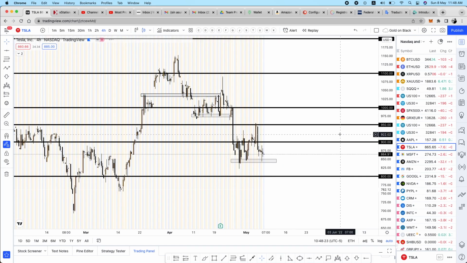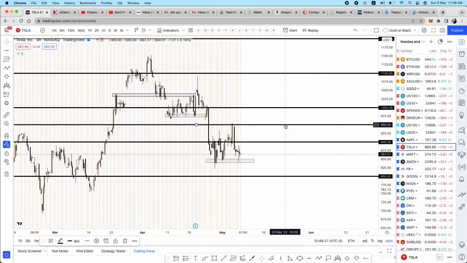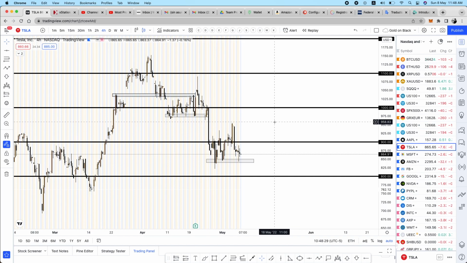But using those psychological levels, knowing that you can aim your target, that could be part of your target, to those areas, it's important to understand they are there. And if you start using them and pay attention to those psychological levels, believe me, you're going to start seeing a change in your trading.